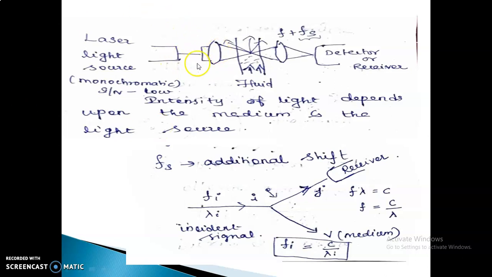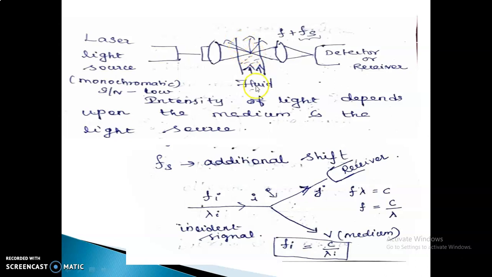The light from the laser is captured through a lens, then passes through the fluid. There is a beam splitter, then you have the rays, but all of them come together at the point of interest.